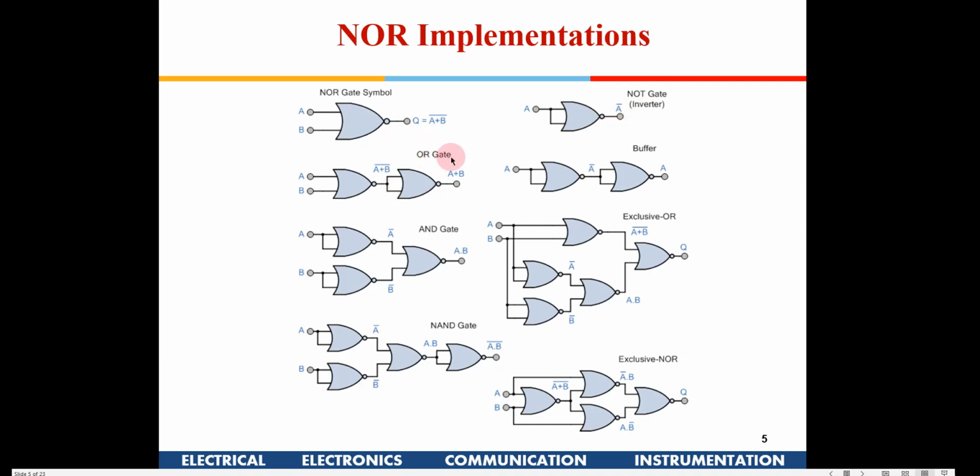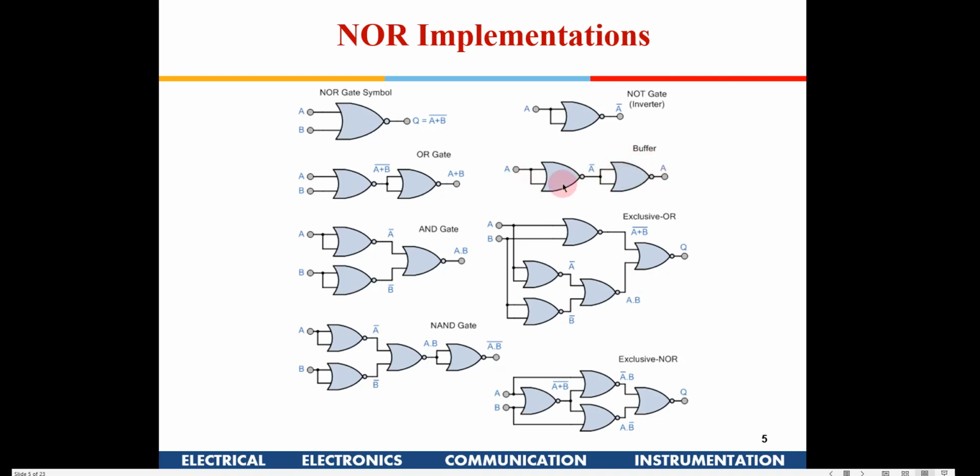If you want an OR gate, you use a NOR gate followed by an inverter. The inverter is realized here by shorting the 2 inputs. And a buffer, if you see here, is these 2 inverters. This is an inverter, both inputs shorted. This is also another inverter. So with a buffer, if you give A, the output will be A again.